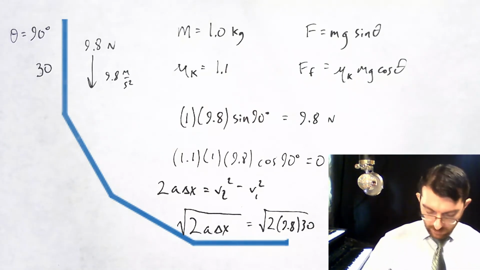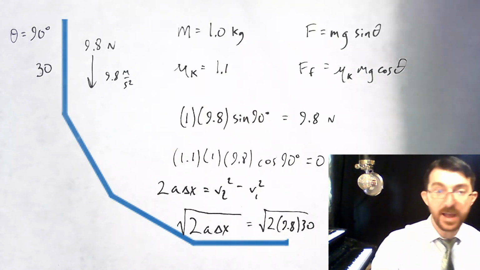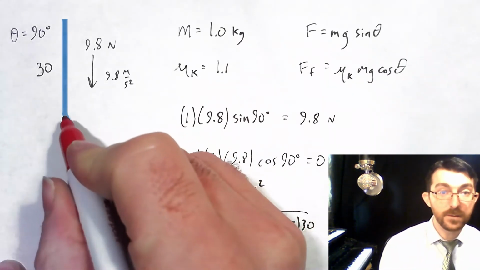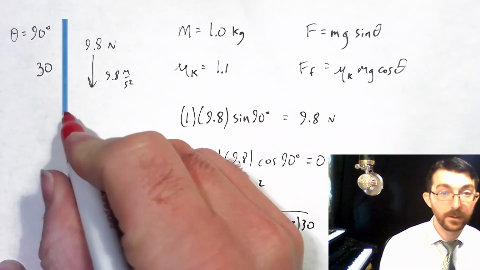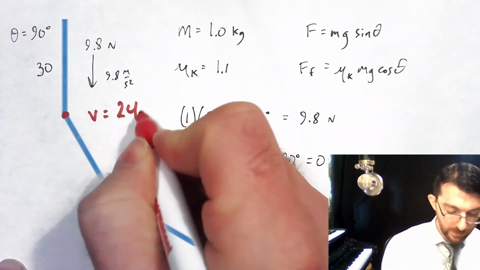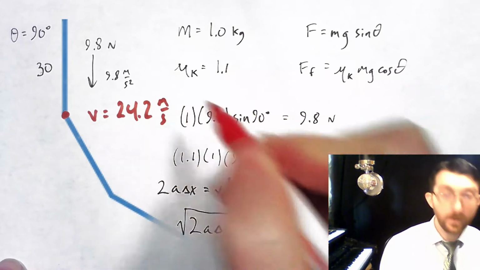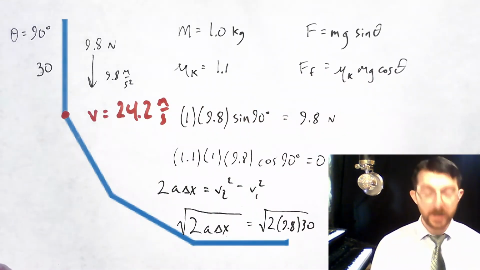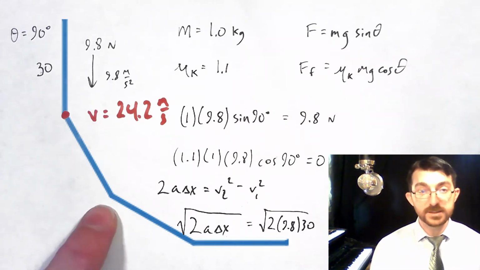So we can go ahead and say at this point right there, that velocity is equal to 24.2 meters per second. Okay, that's going to be our initial velocity going into the next segment.